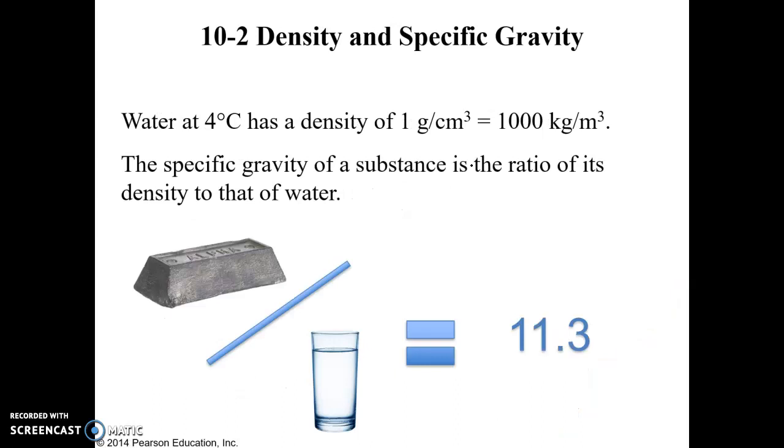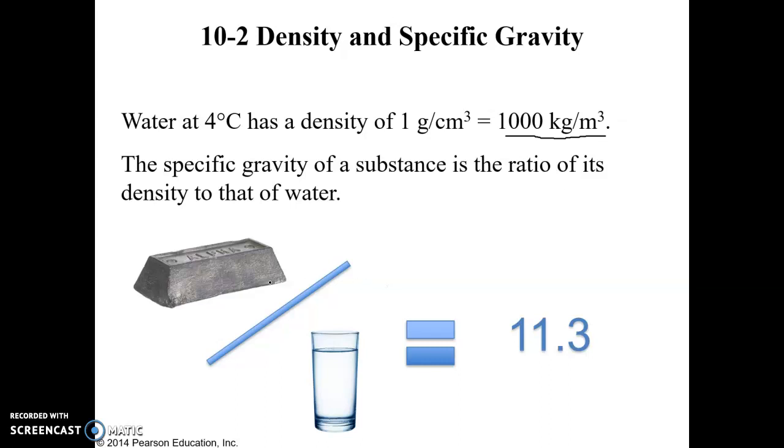I mentioned earlier that the density of water is 1,000 kilograms per cubic meter. That leads us to this idea of specific gravity. It's often useful to compare the density of other substances to that of water. Water's sort of a benchmark here.